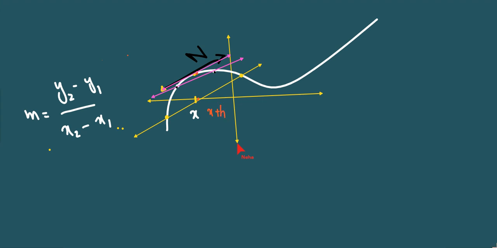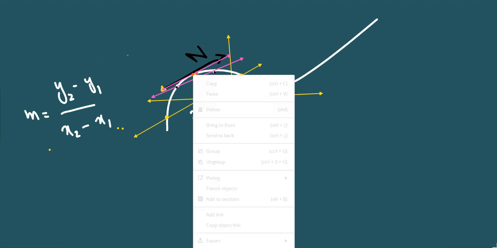The red point is x plus h, where h is a very small positive number, or it can even be a negative number. I can take the point to the left side or to the right side of x. Is it clear? And what are their corresponding y values? Usually they are the functional values.